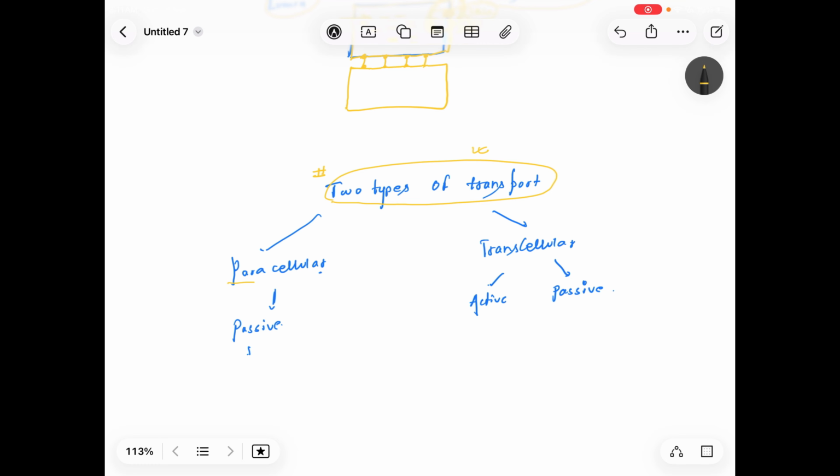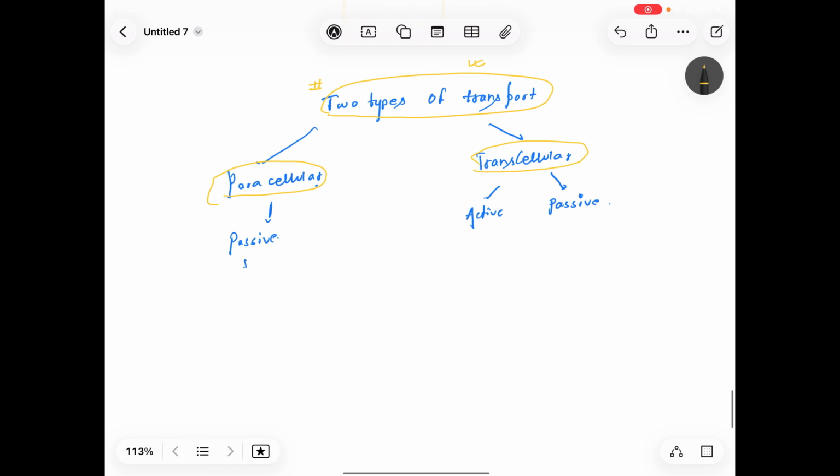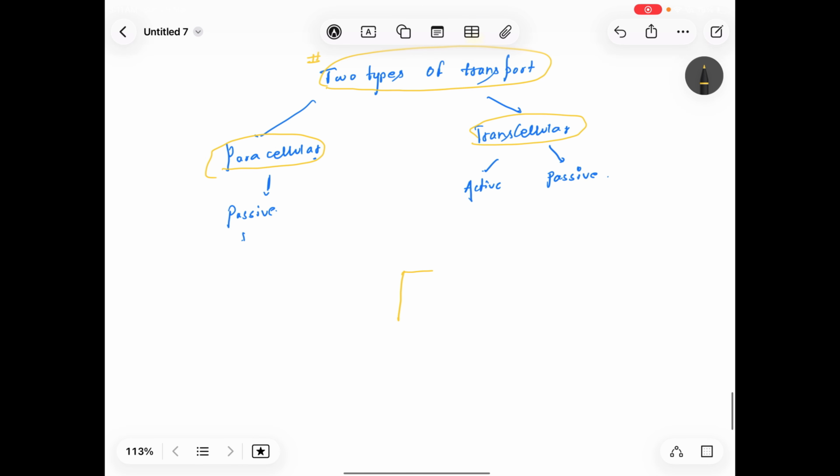First one is the paracellular pathway. The other one is the transcellular pathway. So what are these pathways? Suppose this is the nephron. This is another cell of the nephron. This is the luminal side. This is the interstitium side. This is the apical membrane.